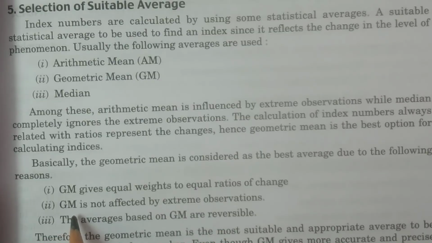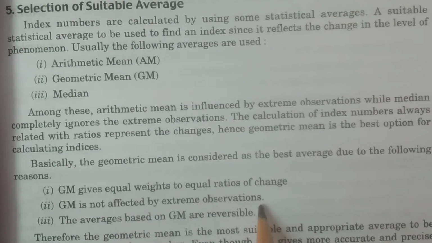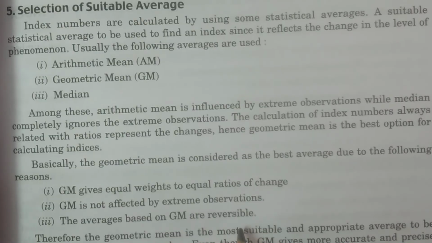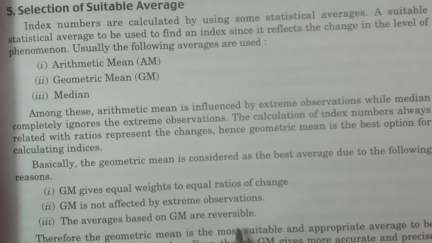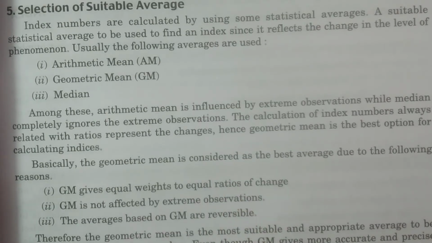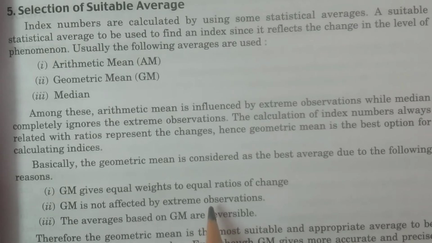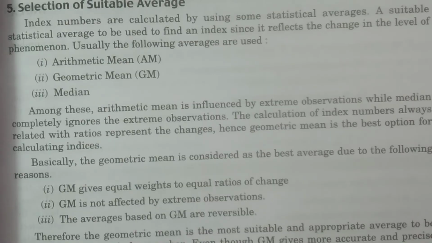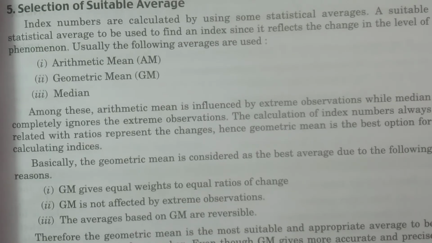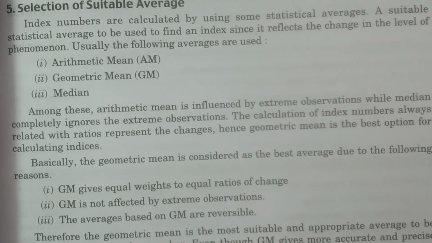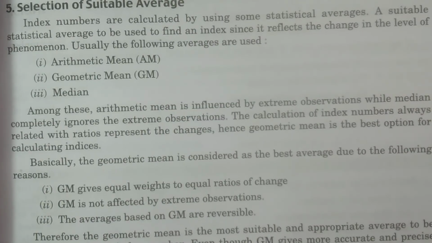That is why geometric mean is most preferable over the others. Geometric mean is not affected by extreme observations. The averages based on geometric mean are reversible. That is another reason. Therefore, geometric mean is one such suitable measure of constructing the index numbers.